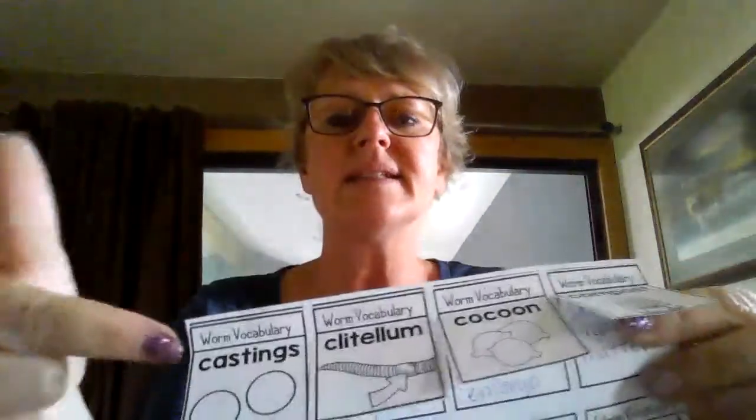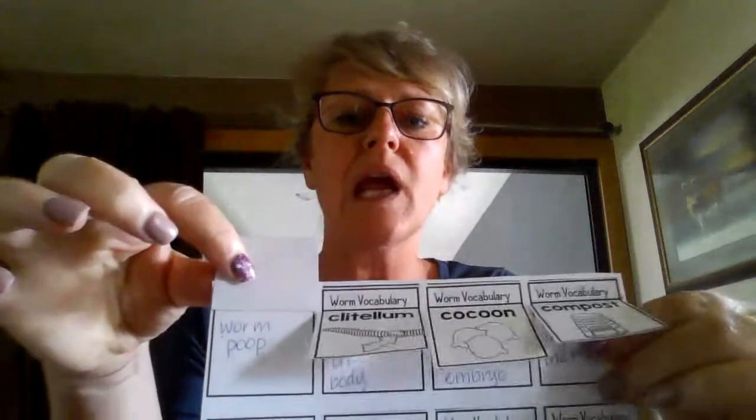Great. So those are the vocabulary words that we're going to be working on. And those are also the words that you have as your vocabulary words to learn. So, for example, castings, I wrote worm poop.